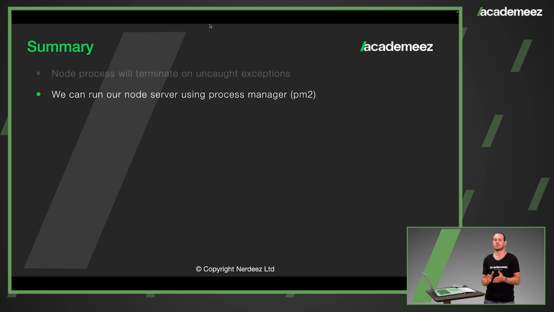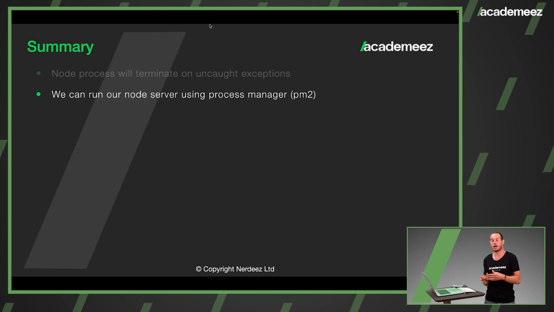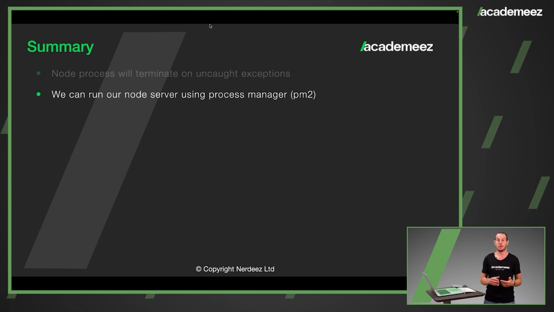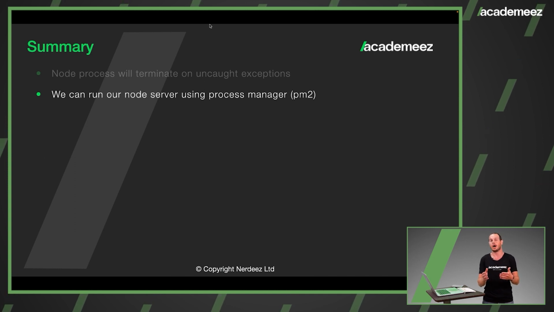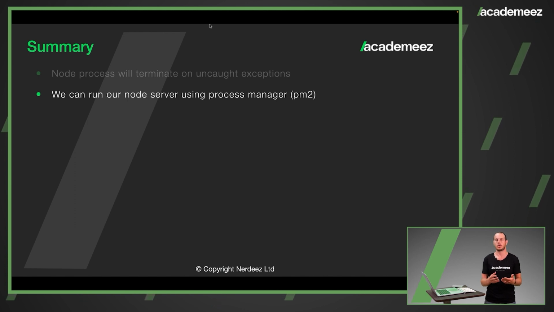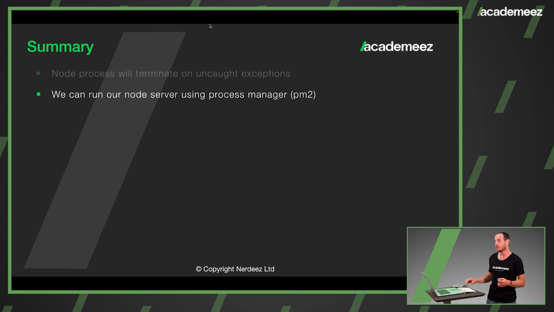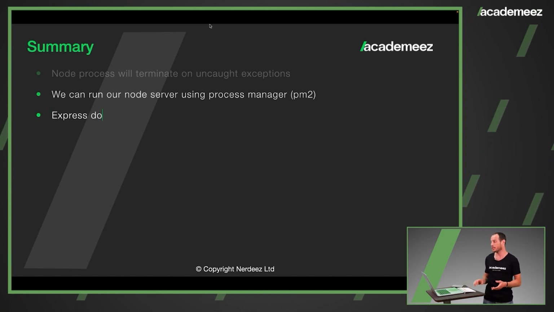In this lesson, we demonstrated running our app using PM2. Let me know if you prefer other process managers. But you saw here that when your process crashes, PM2 will restart your process, along with other nice features that PM2 has. So run your code using a process manager.